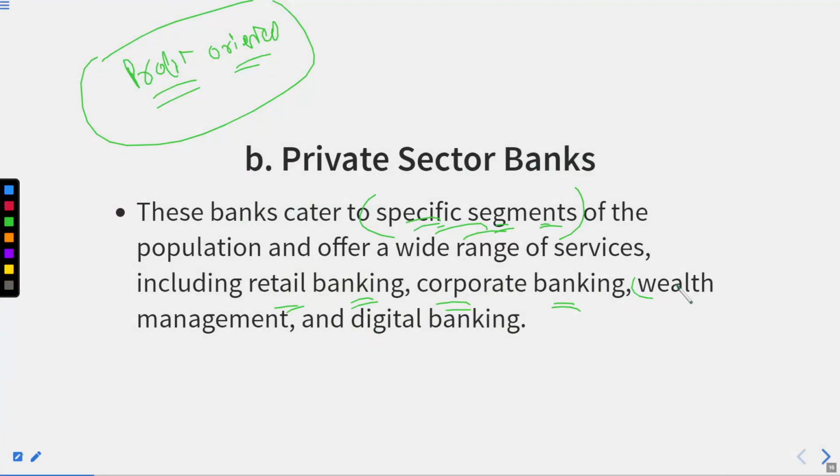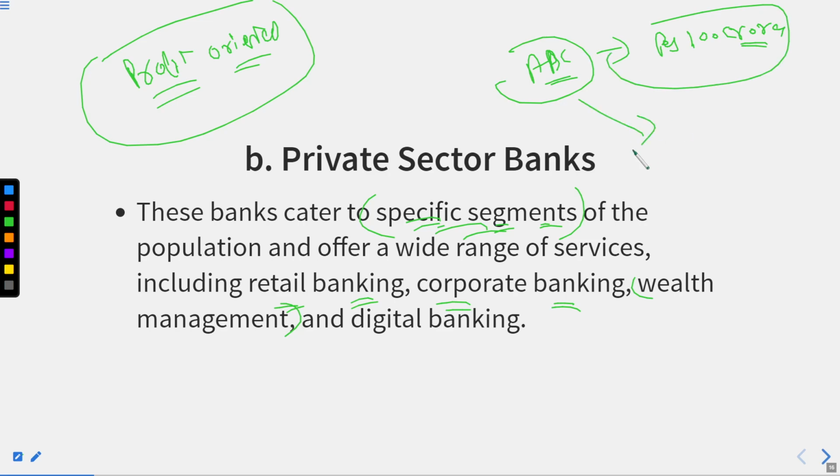Thereafter, wealth management is like, if this is a company ABC, okay, they have rupees 100 crores. So they could simply ask their bank like XYZ, and they would provide their 100 crores to XYZ, and thereafter XYZ would use it in different areas, like making investments, granting loans, making time deposits.